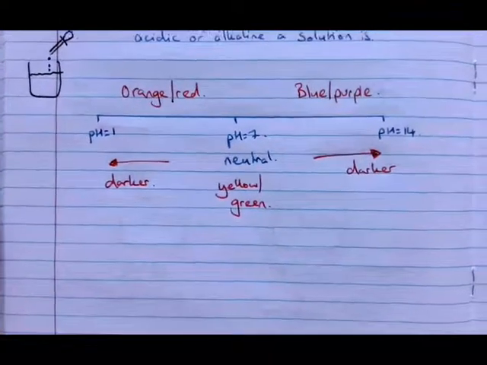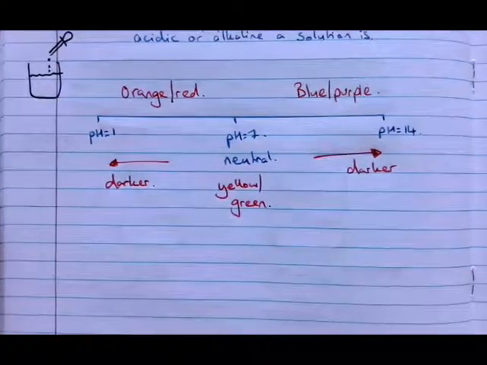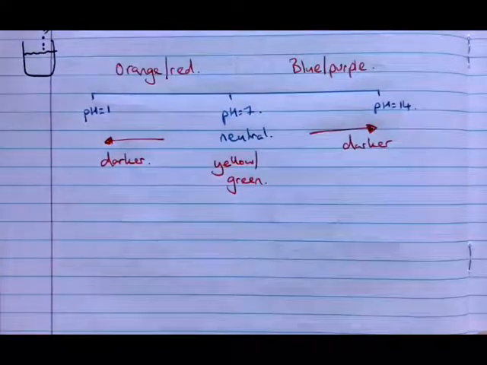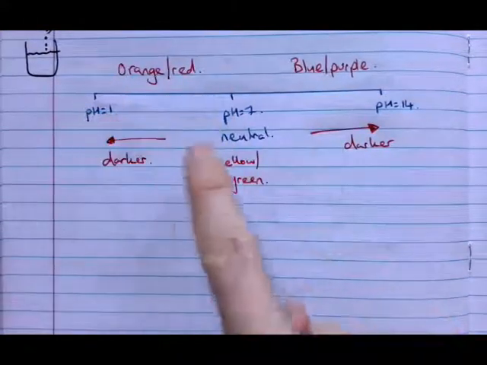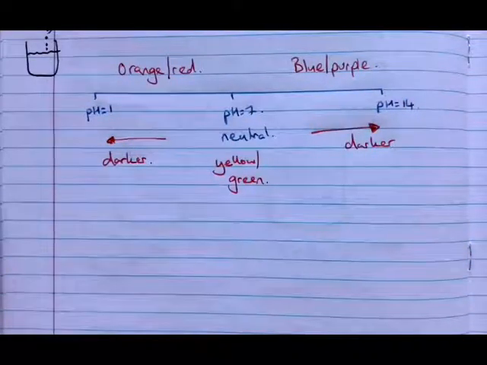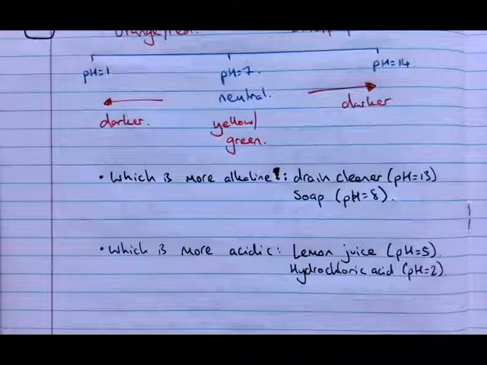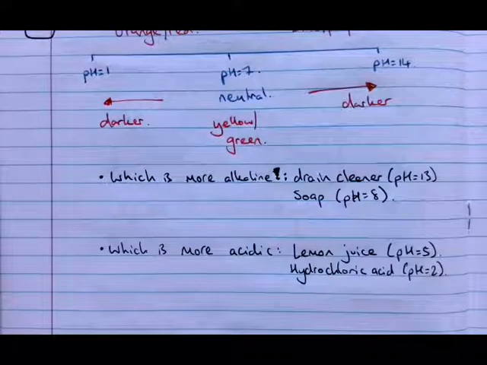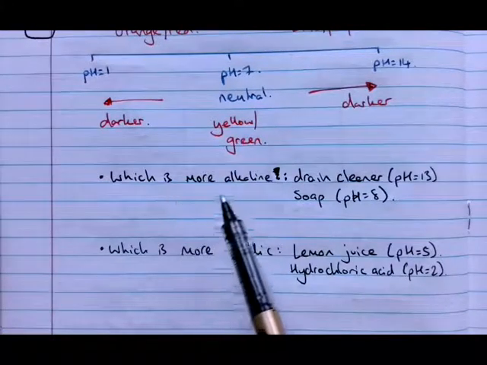Okay. So I'd just like to finish with 2 questions to make sure we are able to use this scale, because you need to be a little bit careful. And those 2 questions are these. Okay, so first question, which is more alkaline?